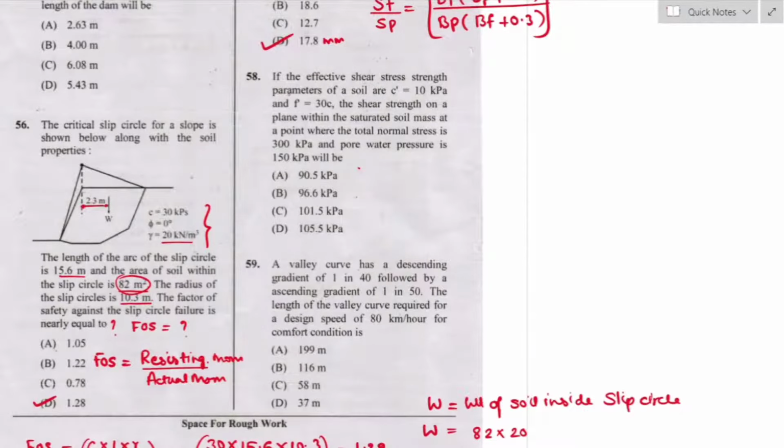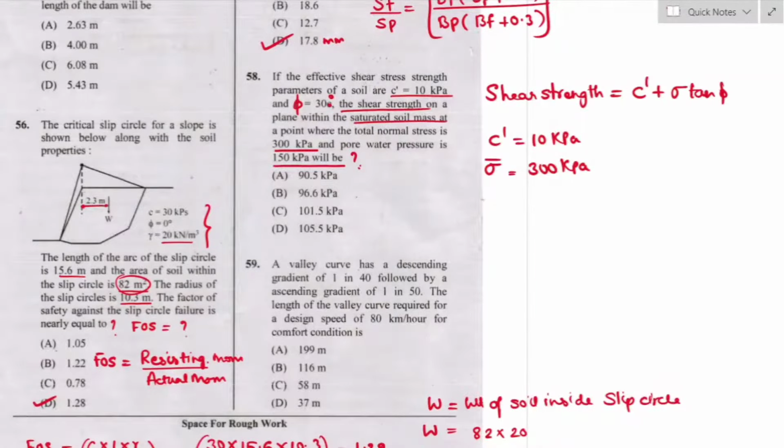Question number 58. If the effective shear strength parameters of a soil are C dash is equal to 10 kilopascal, phi is 30 degree, this is the angle of internal friction, the shear strength on a plane within saturated soil mass at a point where the total normal stress is 300 kilopascal and the pore water pressure is 150 kilopascal will be. So we have to determine the shear strength of a soil.